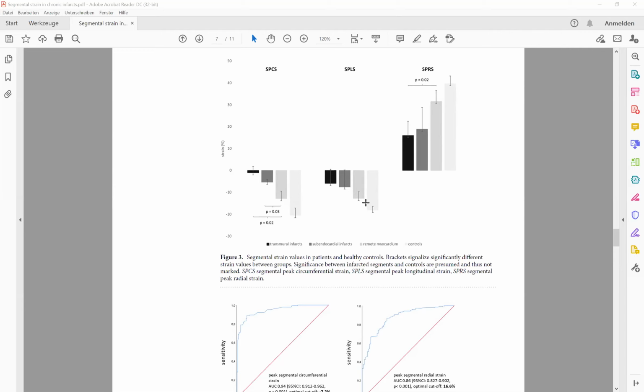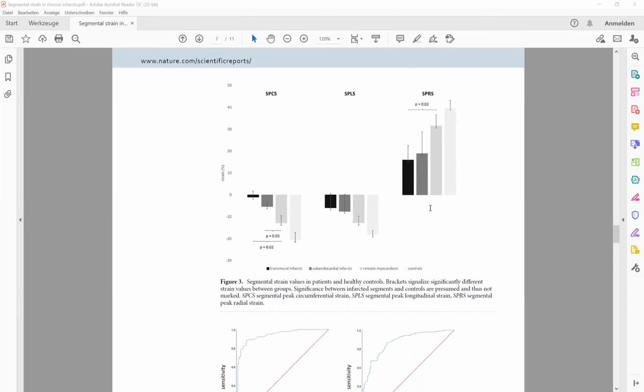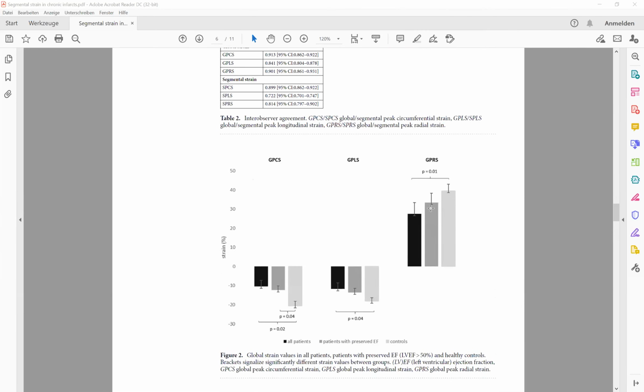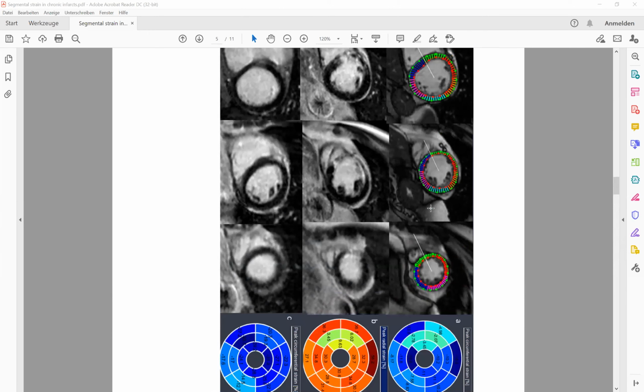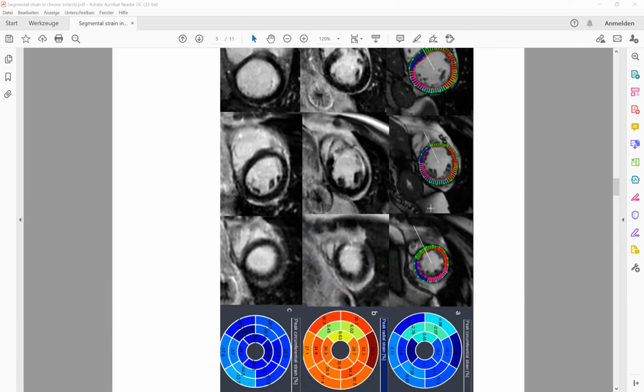So longitudinal strain was not useful for it, and radial strain was able to detect transmural scars, but not subendocardial scars. So in the second step, we had 2 readers. I'm sorry that I can't present this picture in the right direction.